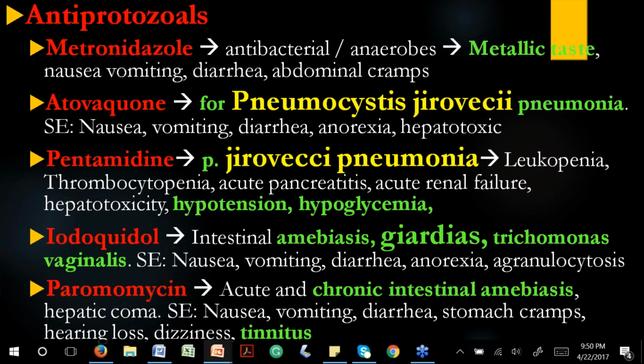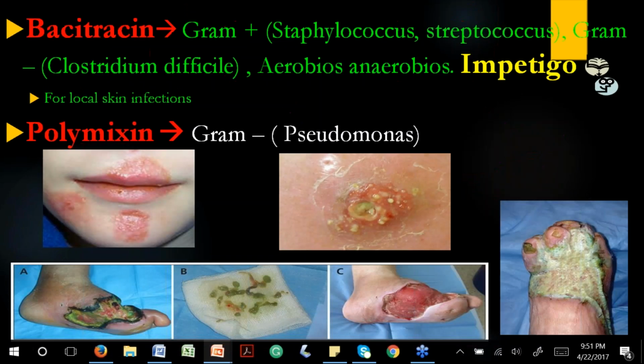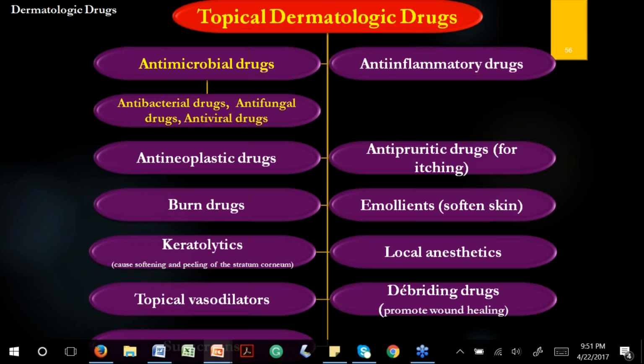Obviously they need to treat the couple, right? All right, so that is antiprotozoal, and for dermatological drugs we are just going to mention a few of them that we definitely need to remember. I'm going to mention them very fast. Here we have the skin and the function of the skin. This is basic information, so you can read that. We have topical dermatology medications. Anti-inflammatories like corticoids, hydrocortisone, right?